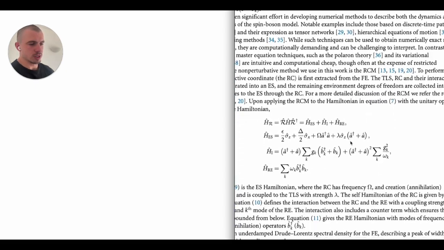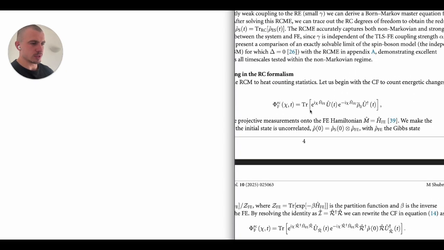So let's have a look at what that characteristic function looks like. It's given here. So we take the trace of this term here, essentially represents the second projective measurement that we perform. And then here we have u and u dagger. This represents the unitary transformation between the first and second measurement. And then this term here represents the first measurement.